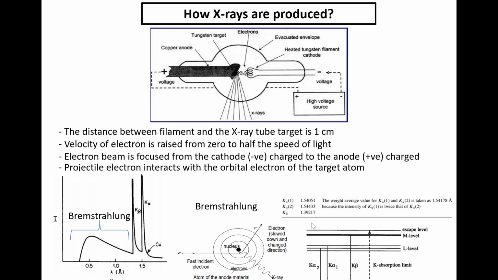For copper, these are the K alpha 1 and K alpha 2 wavelength values, right? So if you average these two values, you will get 1.54 angstrom that we require to diffract our protein crystals.